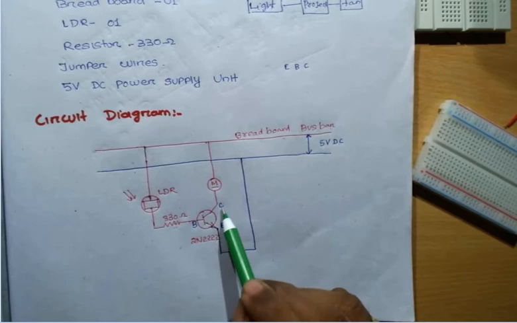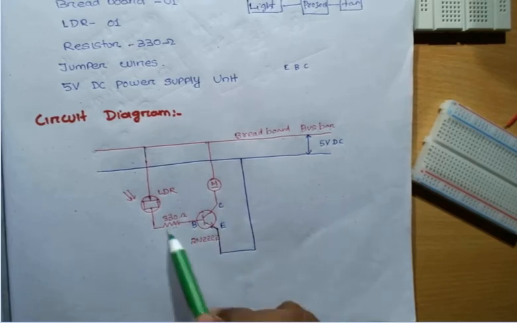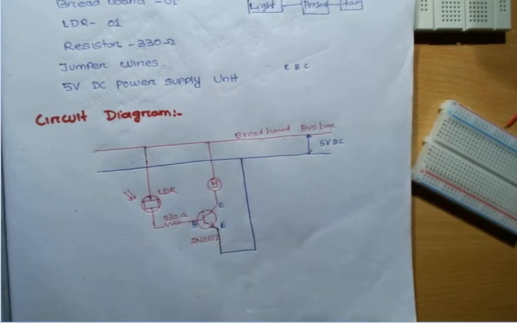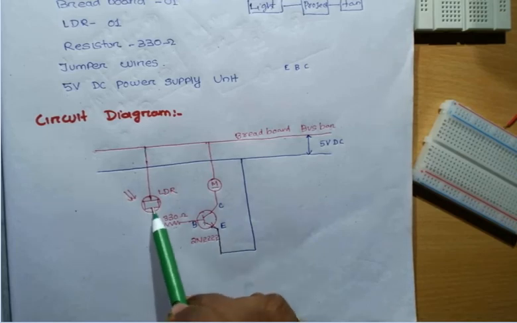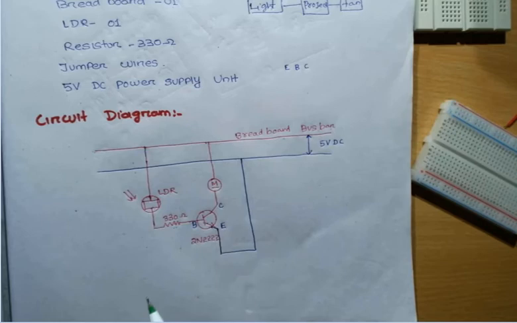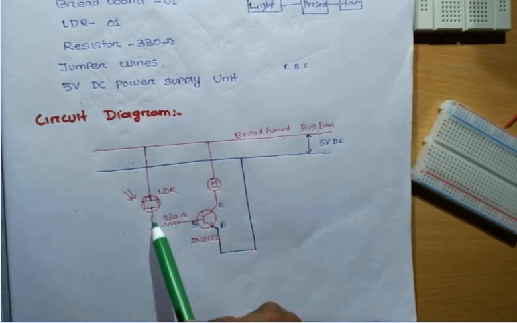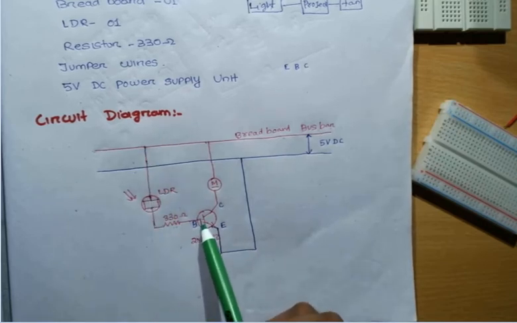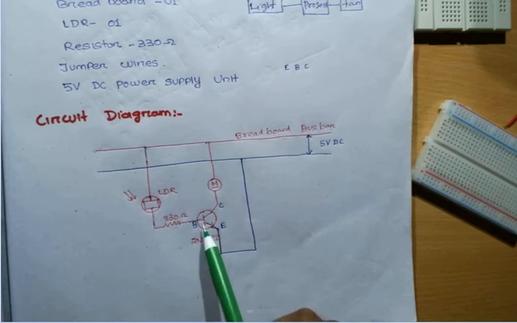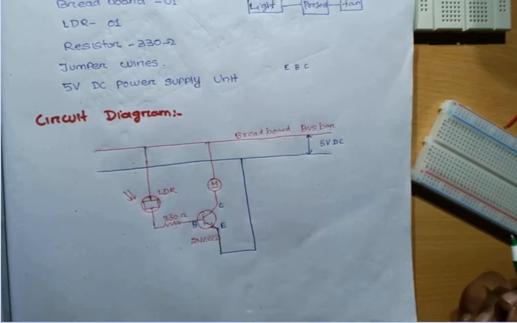This is the emitter, this is the collector, this is the base. So when light falls on it, the resistance will decrease. As the resistance decreases, now the current will be enough to trigger the transistor. Trigger the transistor means switch on the transistor.